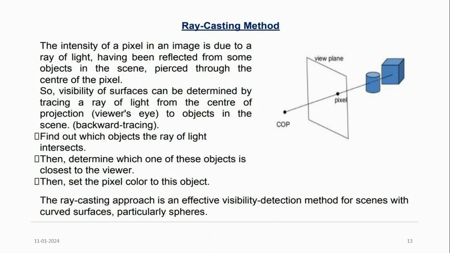If it intersects, we find the nearest intersection point and display the color of the nearest visible surface. That is step number five. This process is repeated for every pixel in the image. The result is an accurate visibility result.